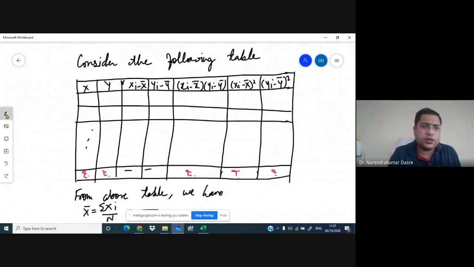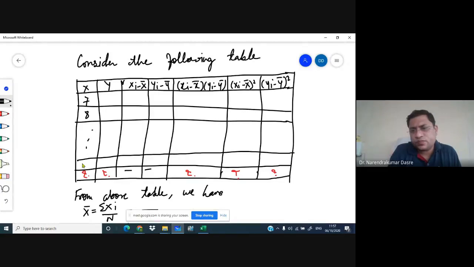And for the other column 7, 8, 9, 10, and the last having 13 here. So I want you to calculate these values and give me the values. What is summation x and summation y that I want you to give me. So make the table. I hope you're calculating with me. Then give me the value of summation x and the value of summation y. So we can calculate summation x and y, and then we are able to calculate x bar and y bar. Okay, so anybody else got this?